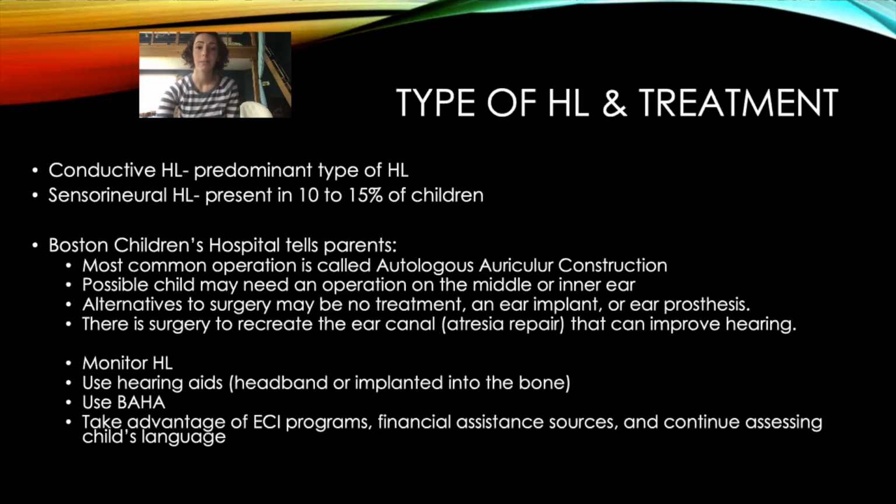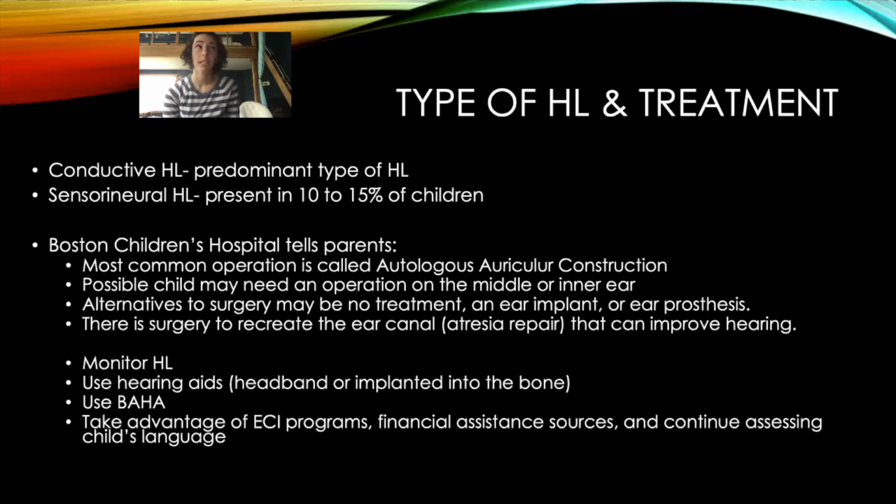But parents can monitor the hearing loss with regular scheduled hearing tests, audiograms, or they can look at hearing aids. Hospitals, audiologists, ENTs will recommend hearing aids, other ways to maximize the use of remaining hearing.